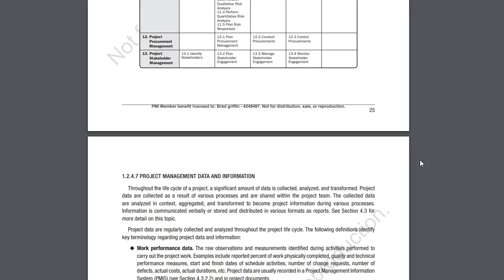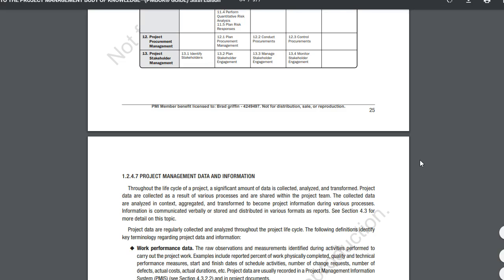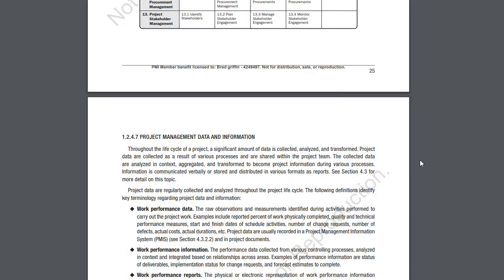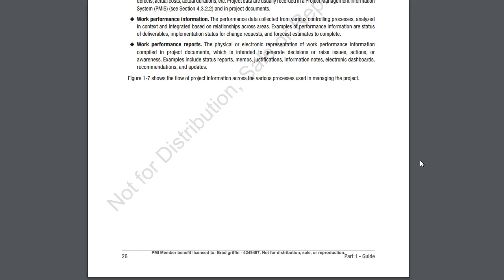As we create a project, we generate a huge amount of data. That data can be anything from individual reports to interviews, anecdotal. If we're creating a system, it may be how many lines of code we're generating a day. If we're building a road, it may be how much paving we've done.